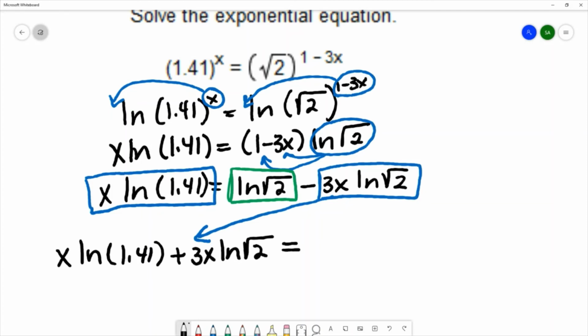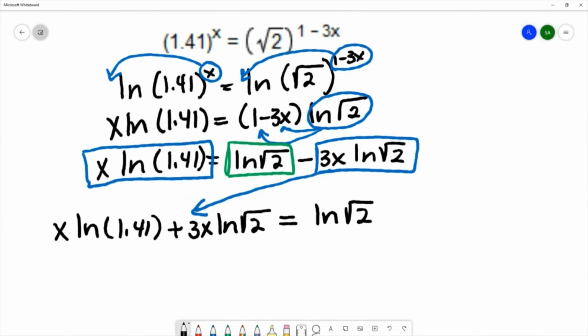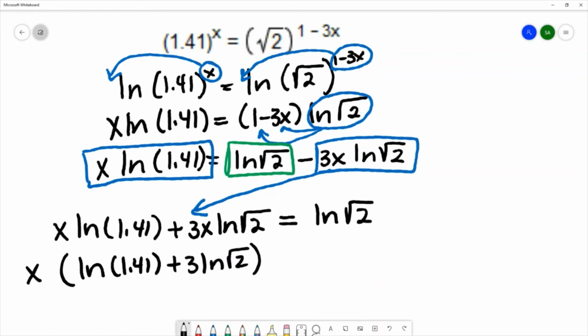And that leaves natural log square root 2 isolated on one side of the equation. Now that I've grouped all of the x terms to the same side, I can factor out the x, leaving me with natural log of 1.41 plus 3 natural log square root 2 equals natural log square root 2.